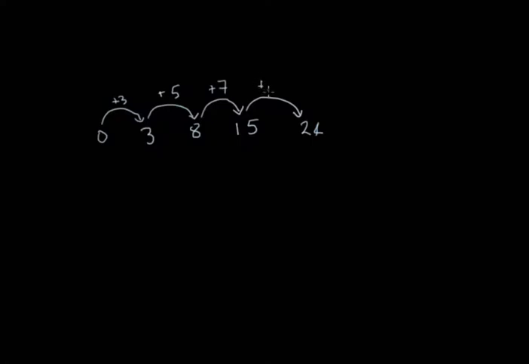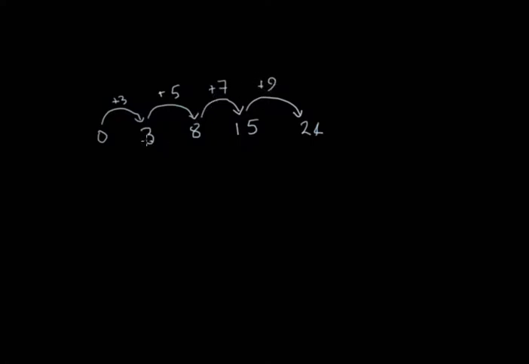Let's look at this one. 0, 3, 8, 15 and 24. Now let's look at how these grow. That's adding 3, that's adding 5, that's adding 7, that's adding 9.